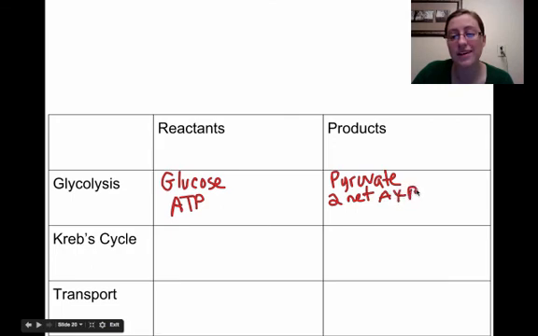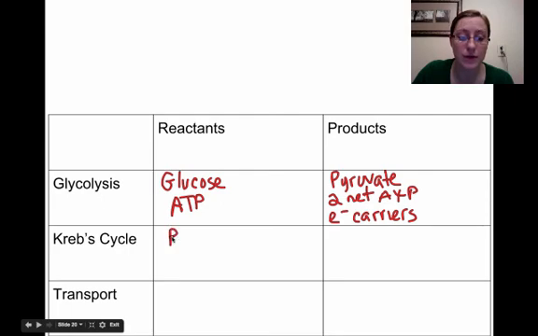Oops, that's a T. And we're also going to make some electron carriers. Those electron carriers are going to move down into the transport chain. ATP is going to be used to power things, and the pyruvate is going to move on into the Krebs cycle.